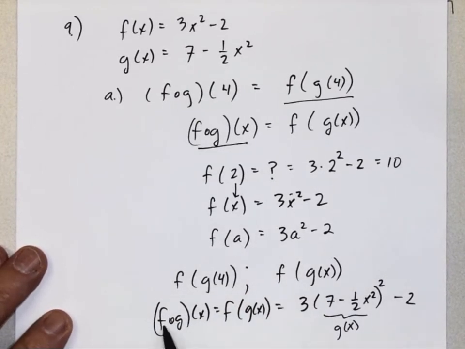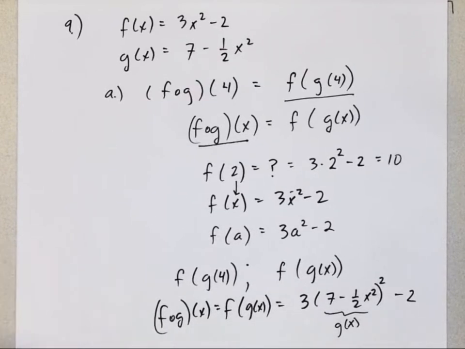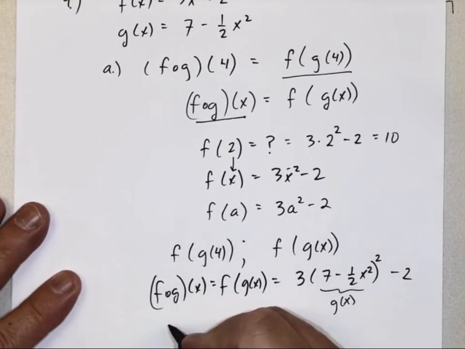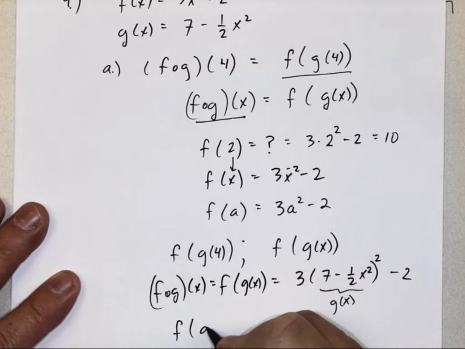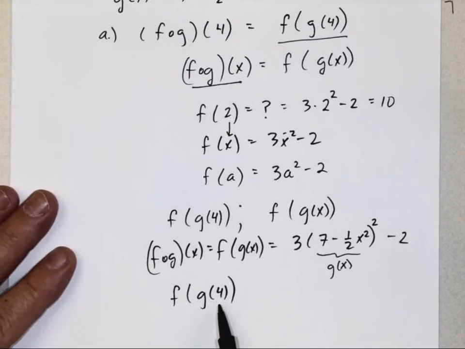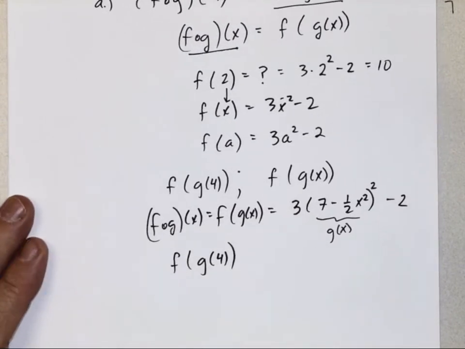What I've done here is f composite g of x, which I rewrote as f of g of x, ends up being this. The nice thing is, finally, the actual first problem they've given us, f of g of 4, when they do g of 4 instead of g of x, it actually makes it an easier problem.